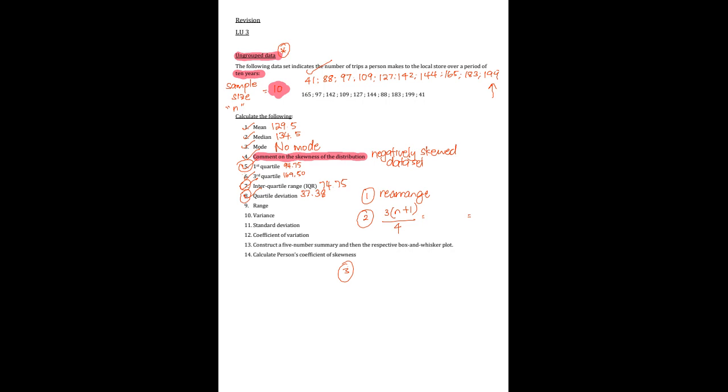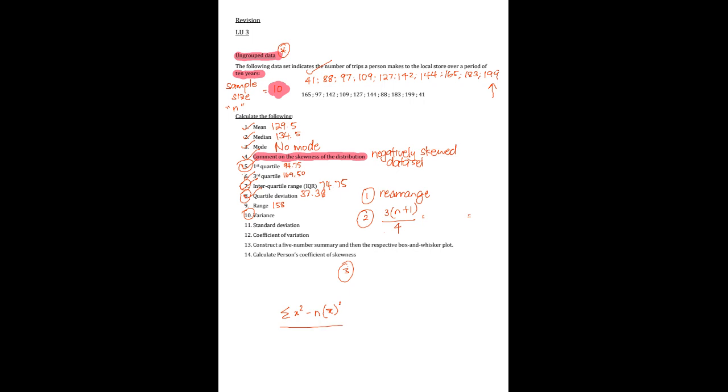Okay, so back to your variance calculation. I'm just going to write down that your range was 158. So the formula for your variance, number 10, is the sum of x squared minus n times your mean squared, and this is over n minus 1.